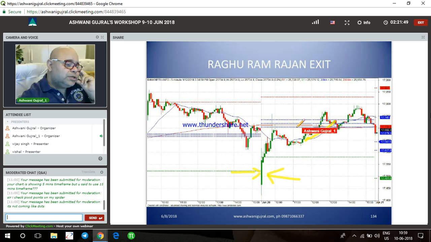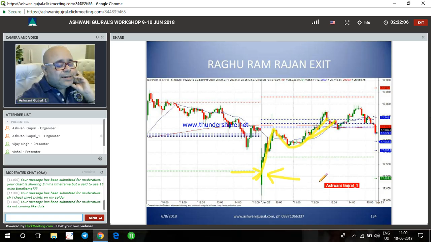See, the 200 is crossing through the pivots. So the market goes into a resistance, stops, makes a higher low, next time goes through it. So this is price action reading that you need to know. These are all 5-minute charts, but the time frame doesn't matter.